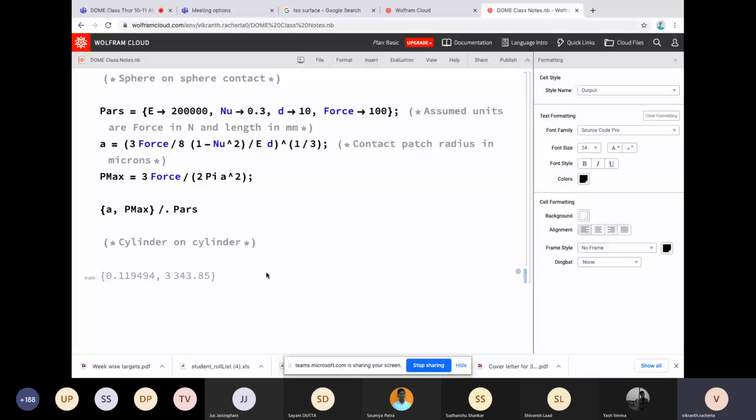It is a steel ball. Application of 10 kgs on a steel ball doesn't look like much, does it? But the contact area is so little. Okay, it is just about 120 micron.